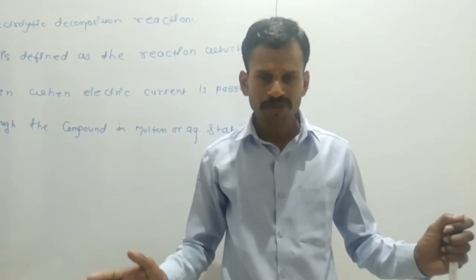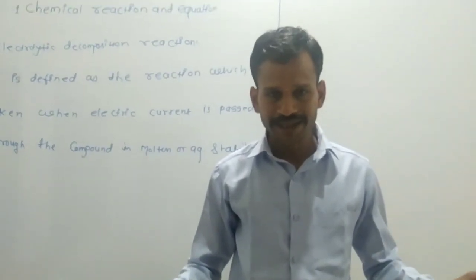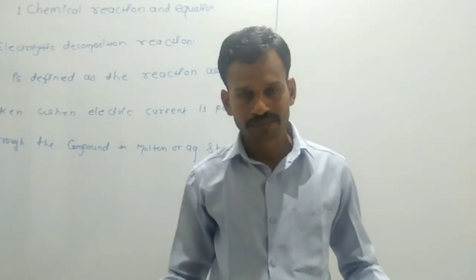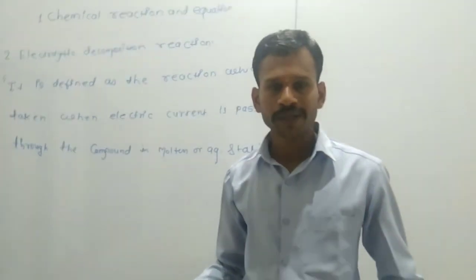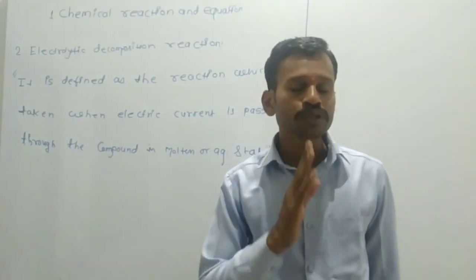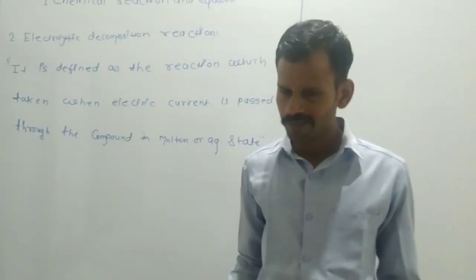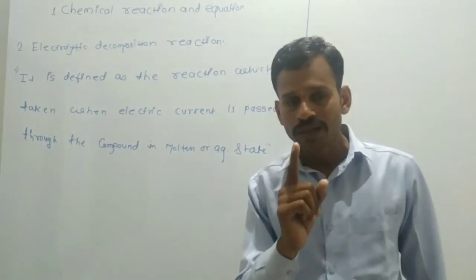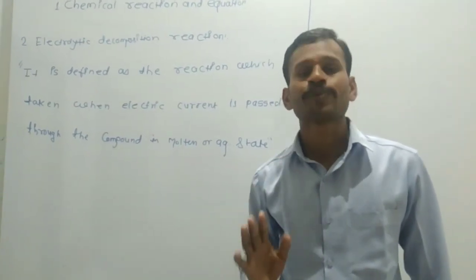Molten or aqueous means it is present in liquid state, having an excessive amount of liquid. At this condition the decomposition reaction takes place. Decomposition reaction is from a single reactant to one or more products.